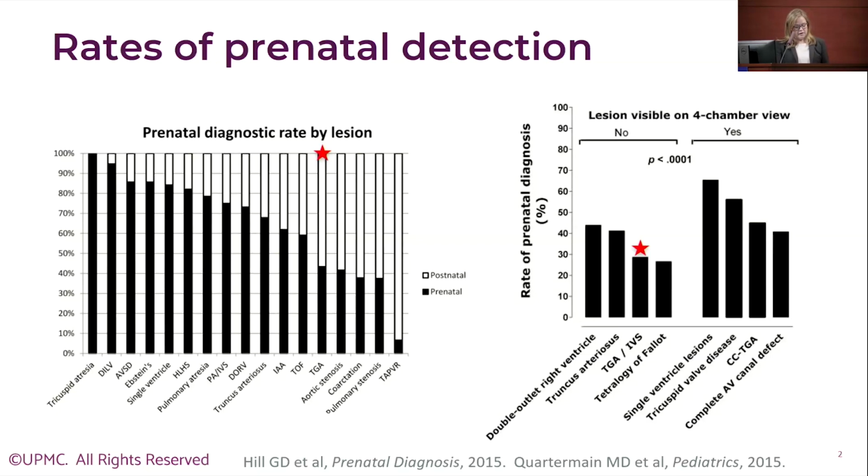In 2012, the AIUM guidelines were updated to include the outflow tracts on even routine low-risk screening obstetric ultrasound at mid-gestation. And so more recent studies that have been in more localized populations have shown a higher rate of detection.